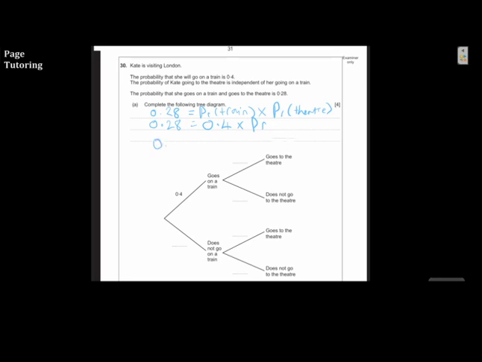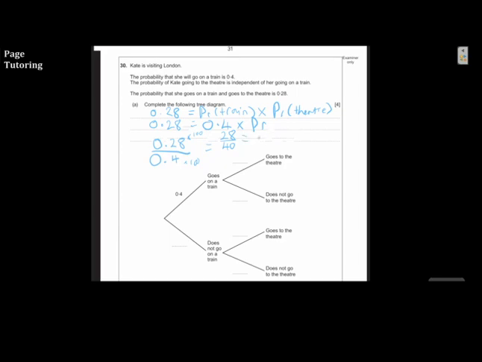So if we do 0.28 divided by 0.4, let's make this a little easier for ourselves and multiply the top and bottom by 100. So we've got 28 divided by 40. Now let's simplify this.